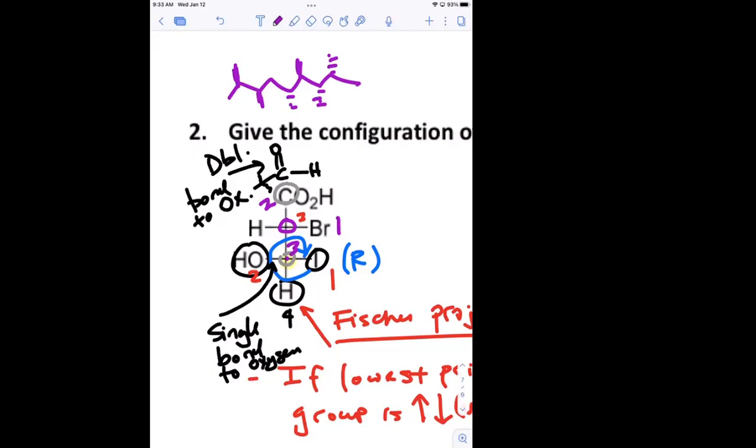Let me put it together and I'll turn my camera on. That's OH, H, and then up top.